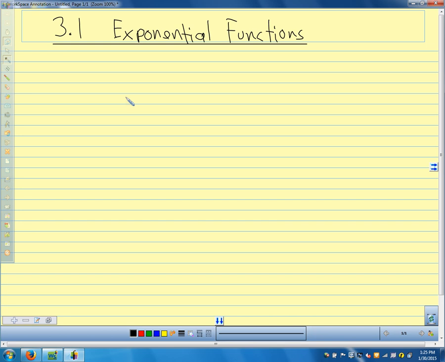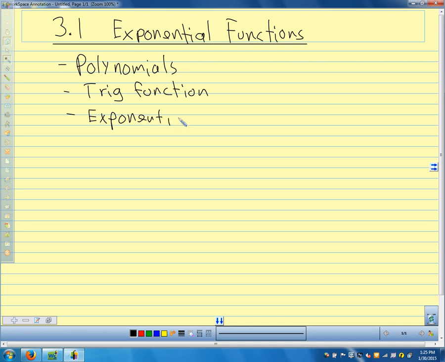So before we start talking about exponential functions, let's recap what we have done. We just finished talking about polynomials. First semester we talked about trig functions. And today, in chapter 3, we'll talk about exponential and logarithmic functions.